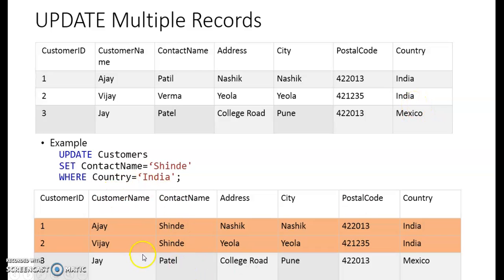So if we see here, first contact name was Patil and Verma. After the execution of our update statement, it has been changed to Shinde for both the records. So in this way we can update our multiple records using a single SQL statement.